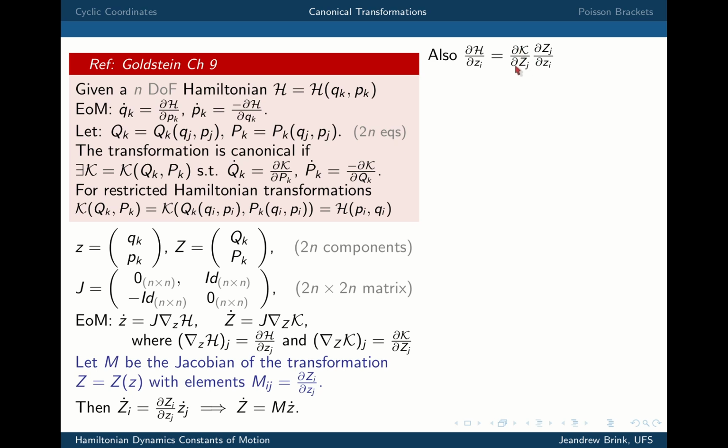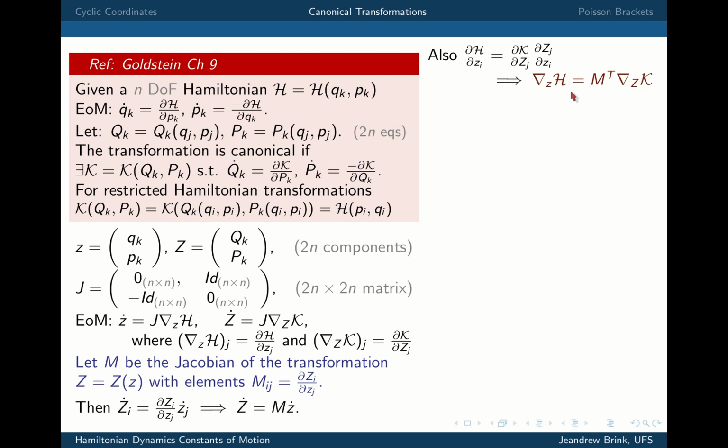And once again we can replace this partial Zj, partial little zi, with this thing. Okay, so you can see from the definition of M, the order has been switched, so it's simply the transpose of M multiplied by the gradient of K with respect to Z equals the gradient of H with respect to little z.